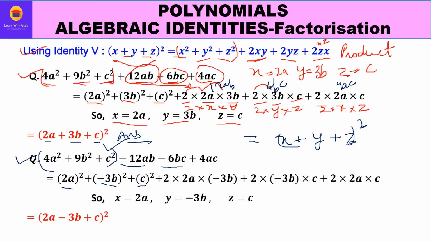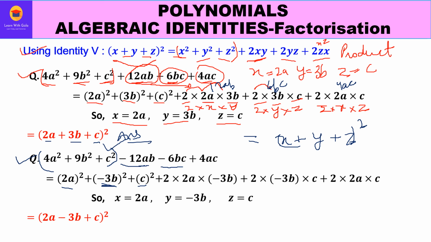Because these two terms have b common. That means b is the culprit who is making these terms minus, right? So b is the negative term who is turning these terms negative. So minus will go with this minus 3b, or you can say y.